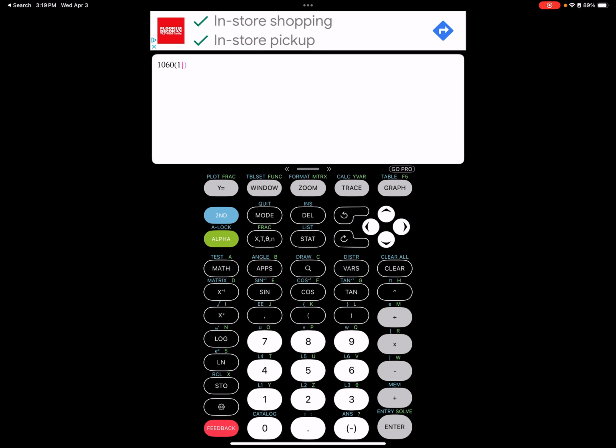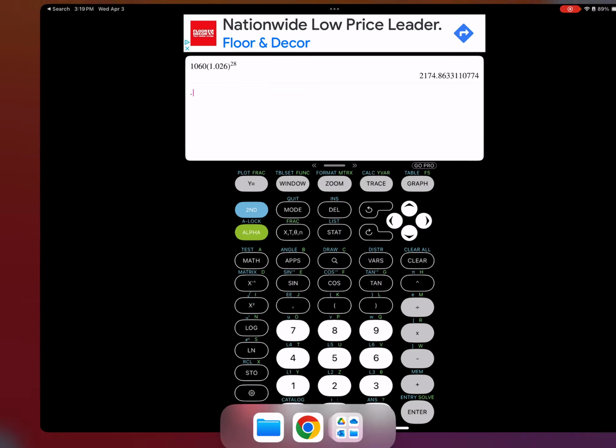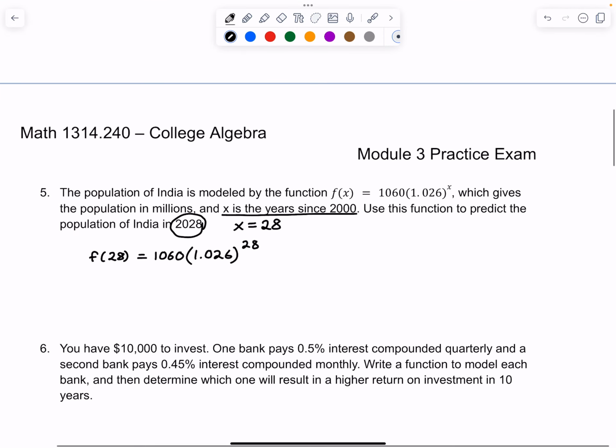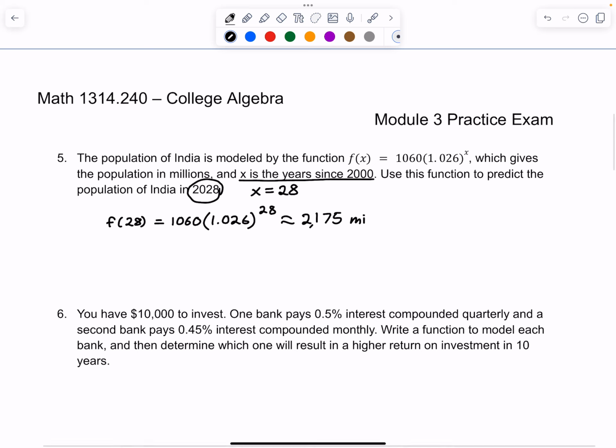That gives me, I'm going to round it. It doesn't tell me what to round it to, but I'll round it to the nearest whole number. So I've got 2,175 million. And that would be the answer to this question.